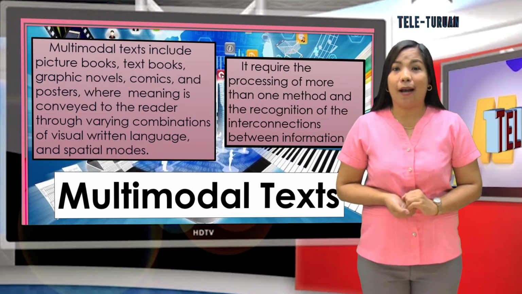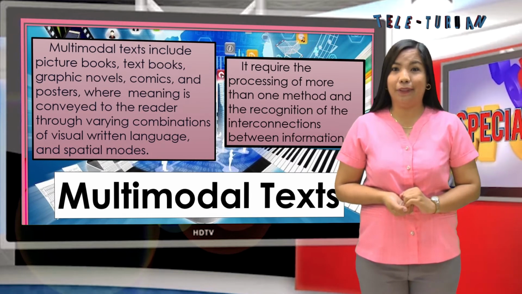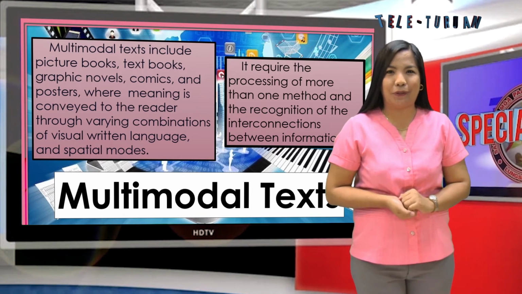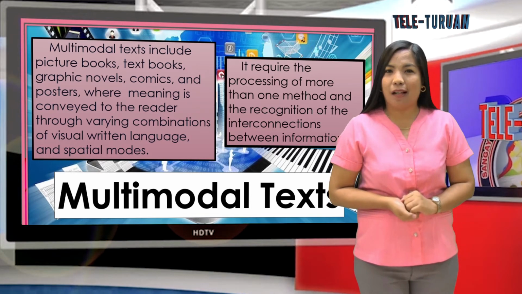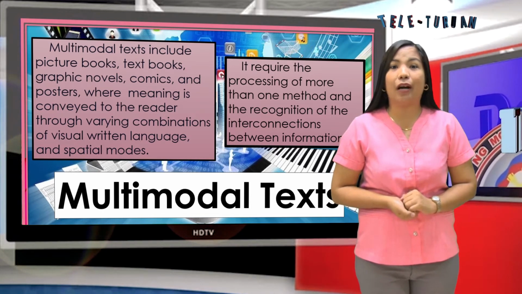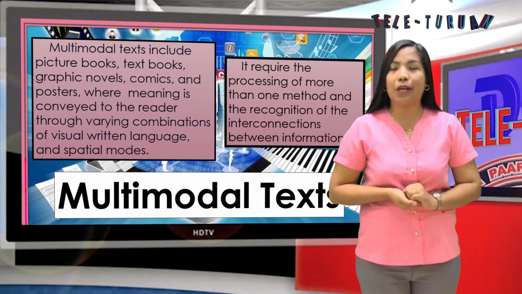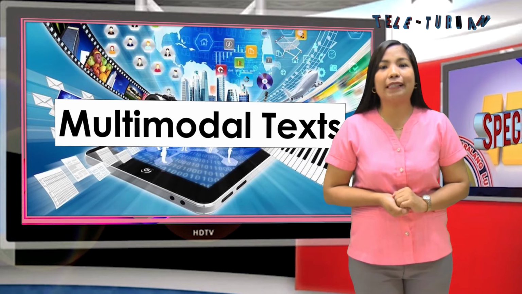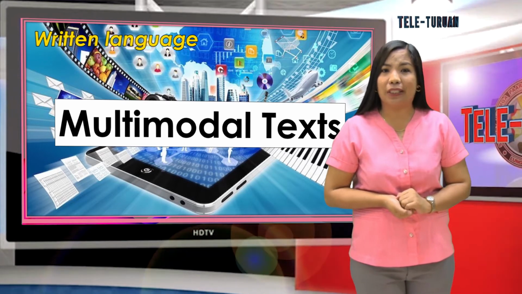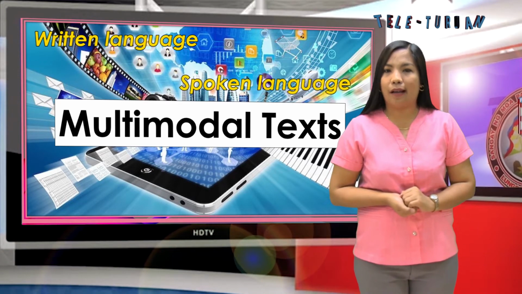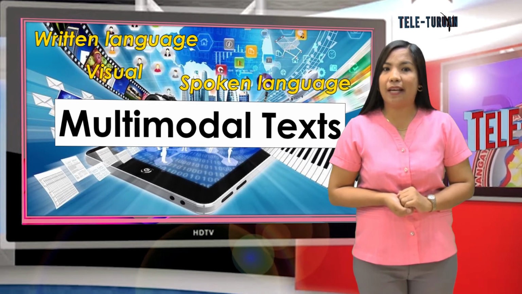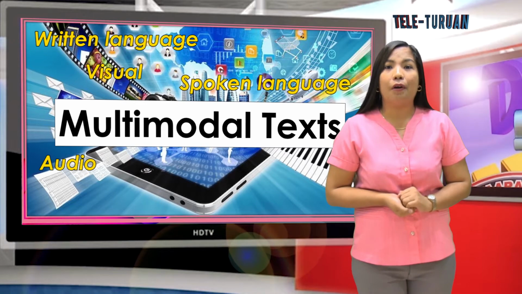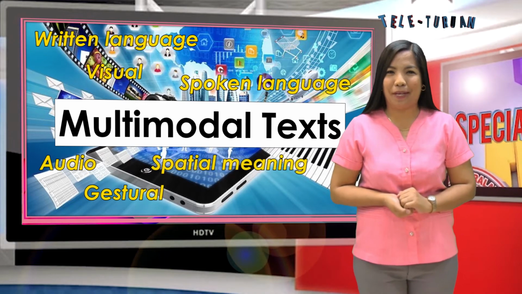It requires the processing of more than one method and the recognition of the interconnections between information. From the word itself, multimodal, meaning there are two or more modes used in the text. In fact, multimodal text combine two or more modes such as written language, spoken language, visual that can be either still or moving image, audio, gestural, and spatial meaning.